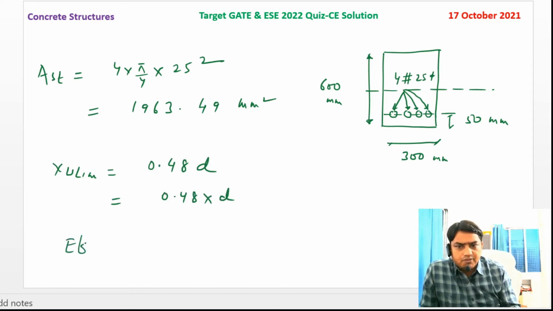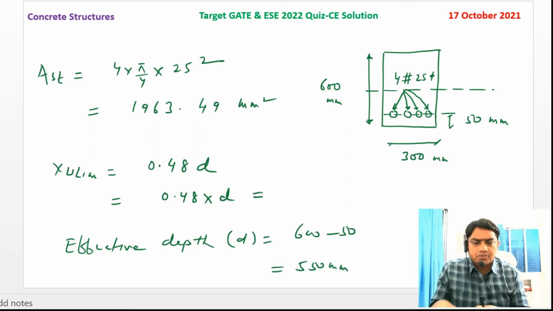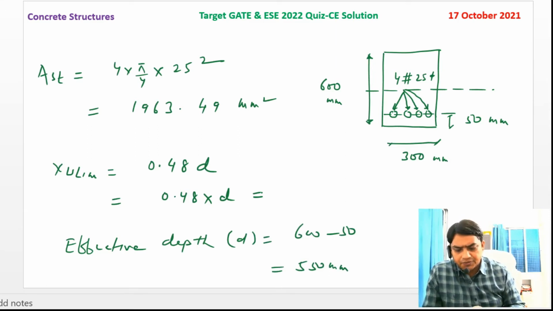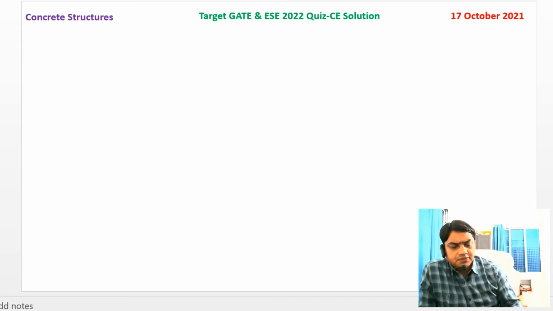The effective depth d is equal to total depth minus 50, so it will be 550 mm. So the limiting neutral axis depth is 0.48 into 550, which is 264 mm.